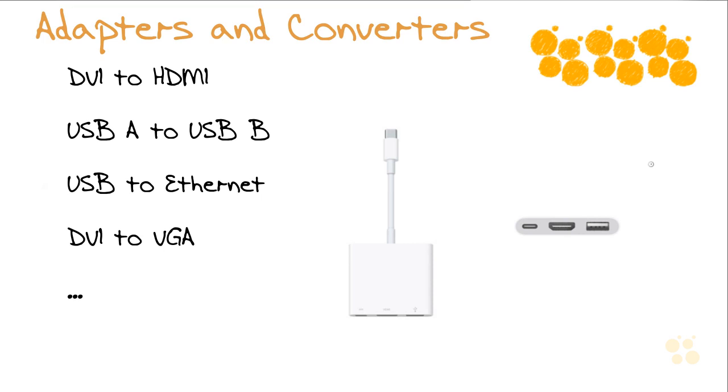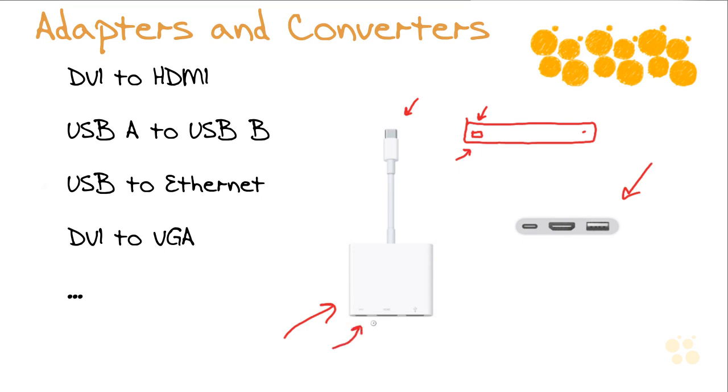I gave a great example right here of one that I use every day. I'll show you this in the laptop nugget, but the latest MacBook that I have has the one little USB-C port on it. Really, that's it, and a headphone jack. That's it. So what you need right away is an adapter to plug into that one port and then give you other port options.